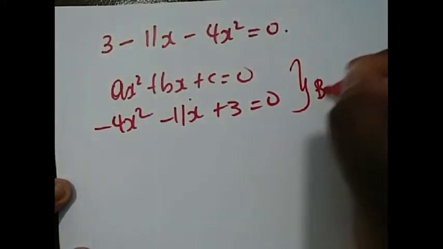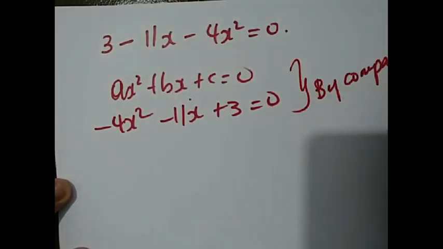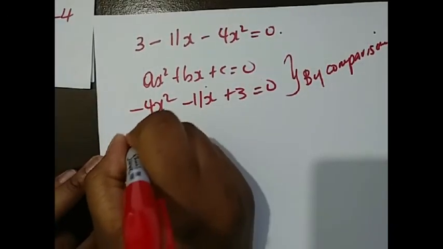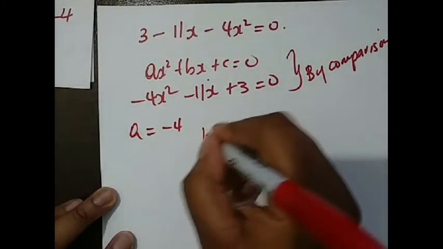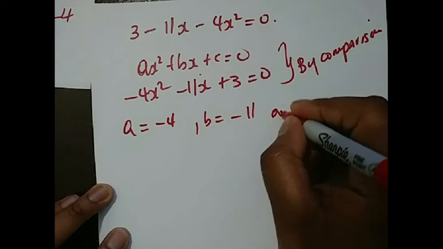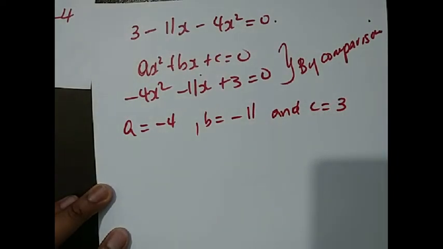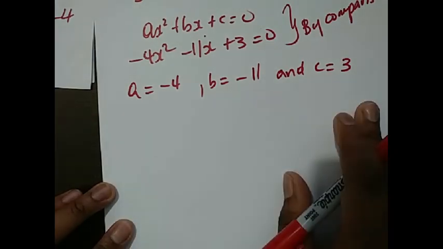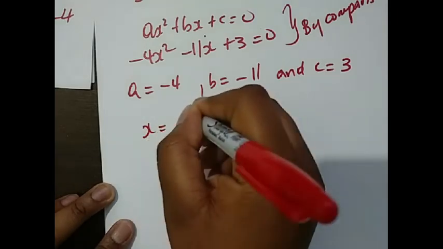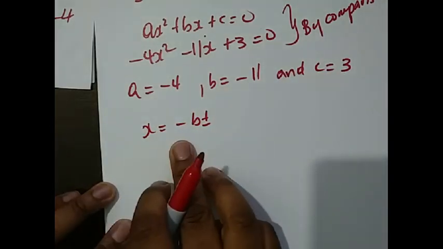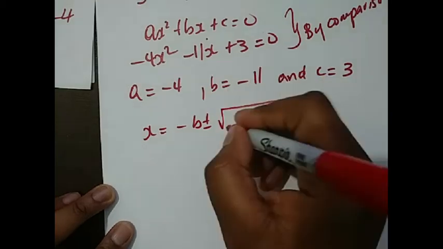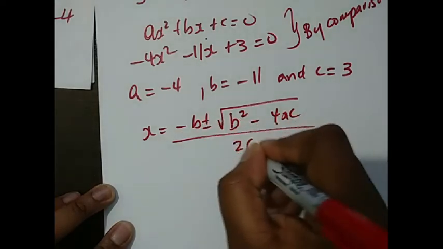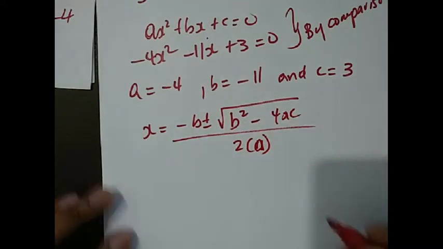By comparison, we know that a is equal to negative 4, b is equal to negative 11, and c is equal to positive 3. We can now substitute the values of a, b, and c into the quadratic formula, which is x is equal to minus b plus and minus the square root of b squared minus 4ac all over 2 times a.